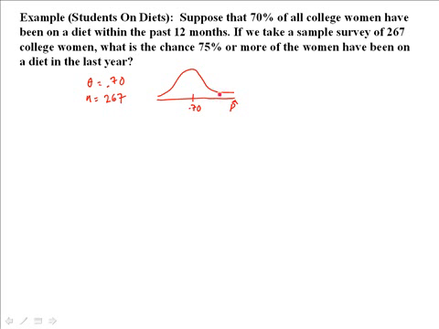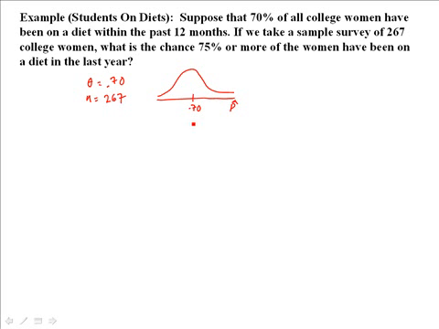What this curve represents is as I take sample proportions, most of the sample proportions will be near that 70%, near the middle, but then occasionally I'll get sample proportions out in the two tails of this distribution as well. So this is a normal curve, and it's telling me that the sample proportions obey a normal distribution.